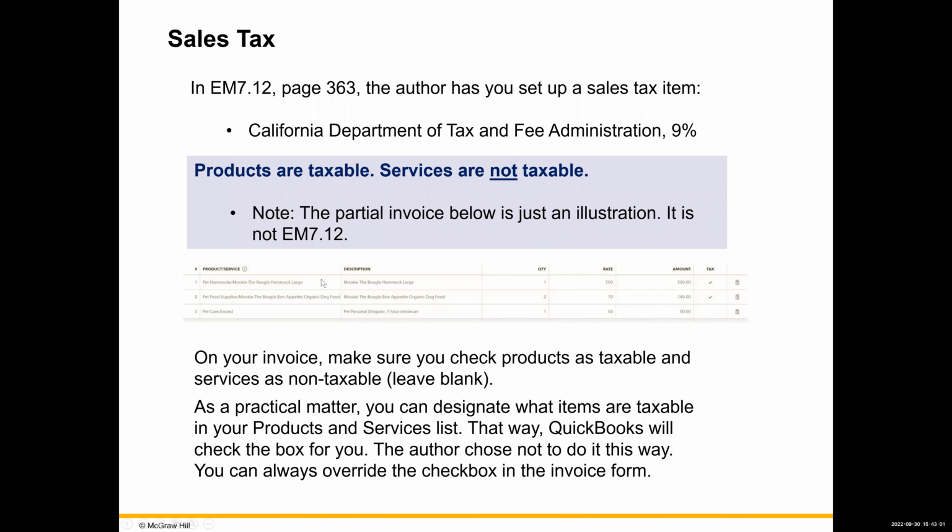You know that when you sell one of those large hammocks, it's going to be taxable. So why not just have QuickBooks check it for you? Okay. Now, if there's ever a time when you're going to sell a large hammock and you're going to do so wholesale, then you can always take it off, right? You can always override the checkbox in the form.